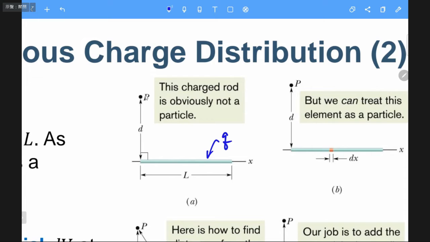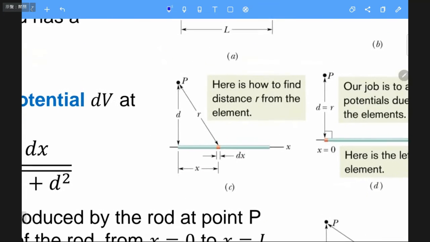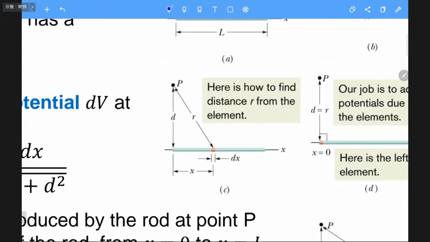What we only want to find is the potential at this point. So we separate this whole rod into many small segments, each of length dx, with dq charge on it. Every small charge packet will generate potential at this point, and we just add them together using the integral. The distance from point P to the rod is d.